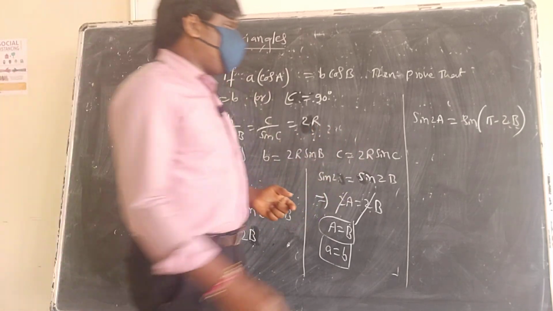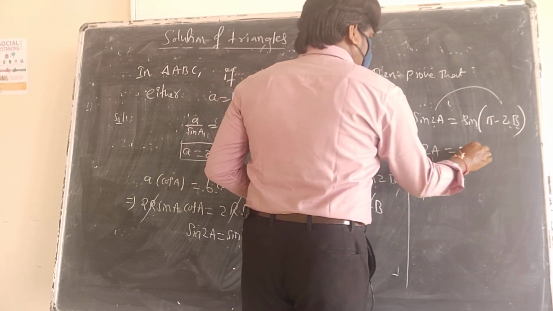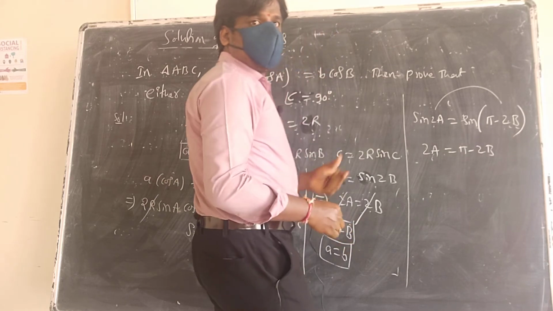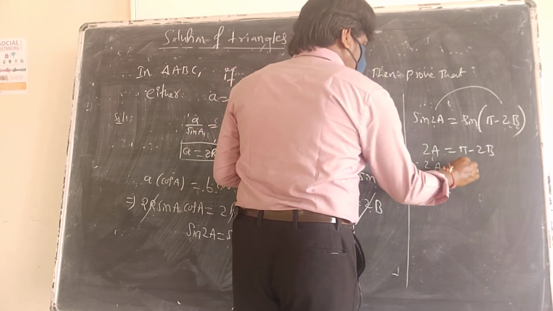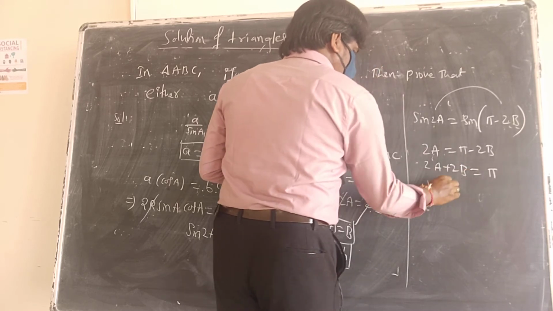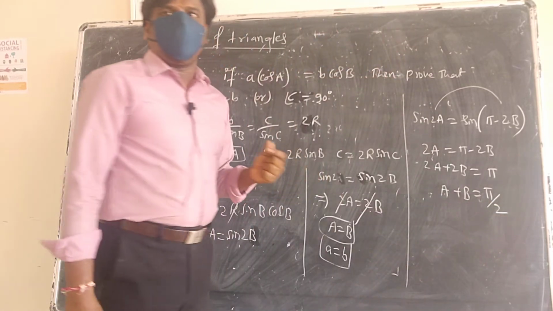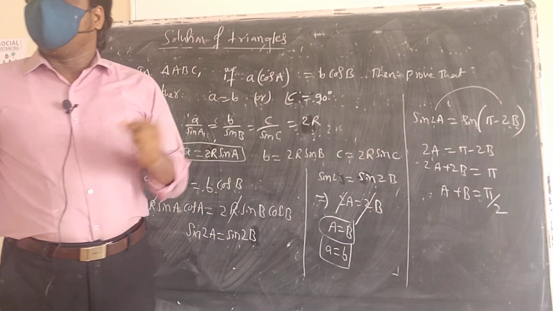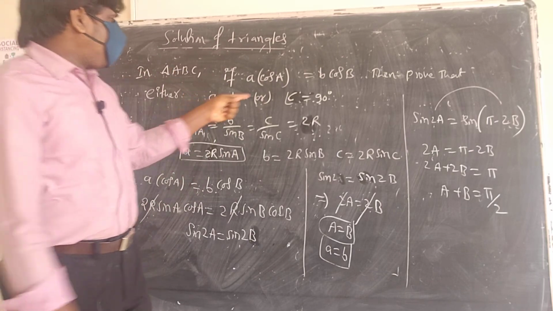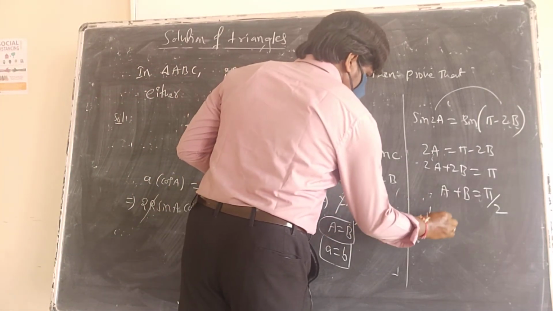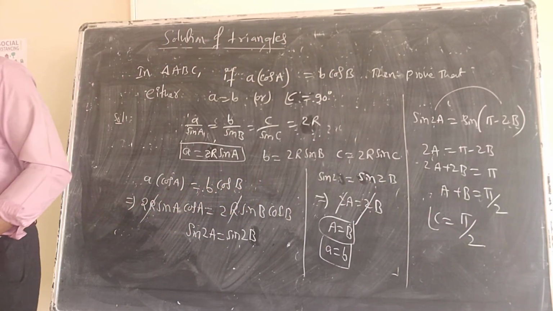From this I can equate 2A is equal to pi minus 2B, because I need an angle. So 2A plus 2B is equal to pi, so A plus B is equal to pi by 2. If angle A plus B is pi by 2, it is a triangle, sum of the angles in a triangle is 180 degrees. So what will be the angle C value? 90 degrees. This is the end. Okay.